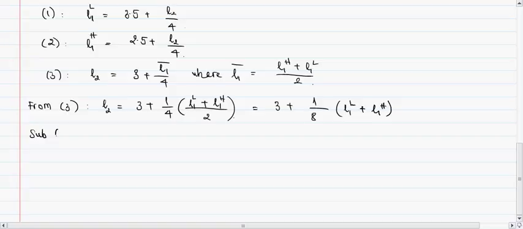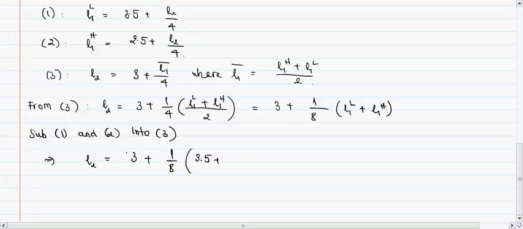Now substitute the first and the second equation into the third. What I am going to get is L2 equal to 3 plus 1/8. Now L1L is going to be equal to 3.5 plus L2 on 4, and L1 high is going to be equal to 2.5 plus L2 on 4.